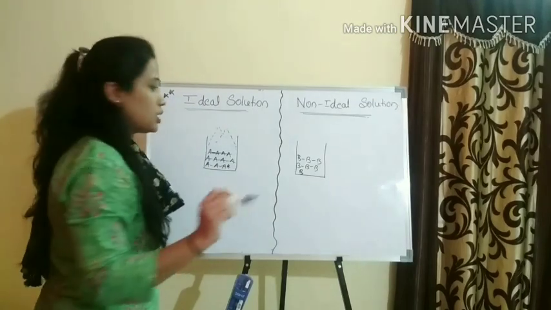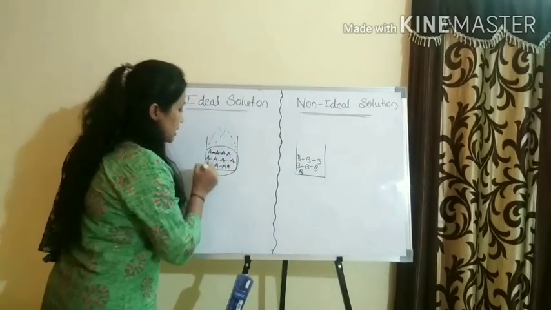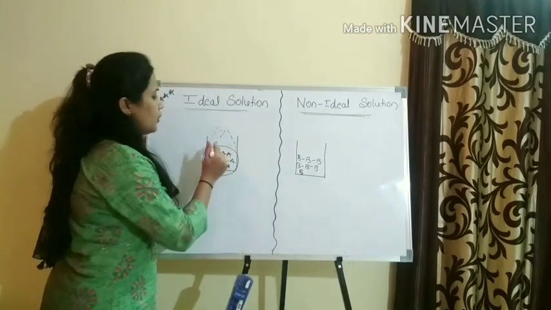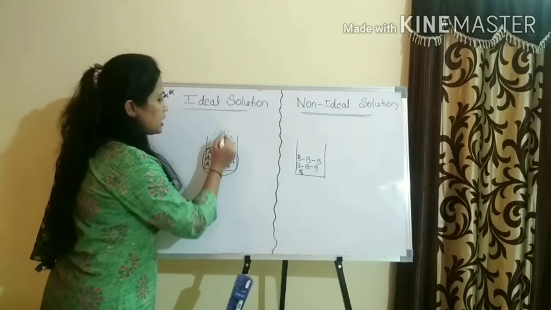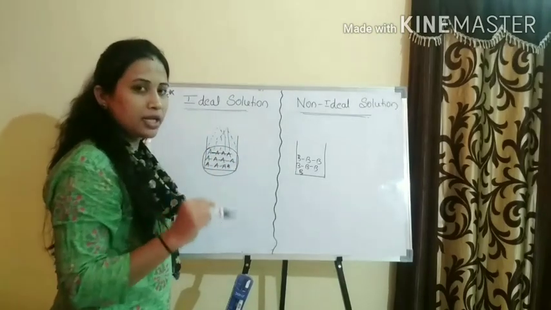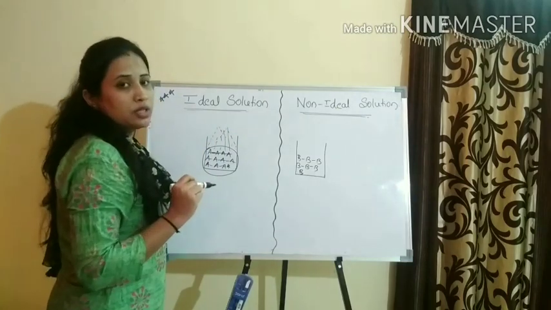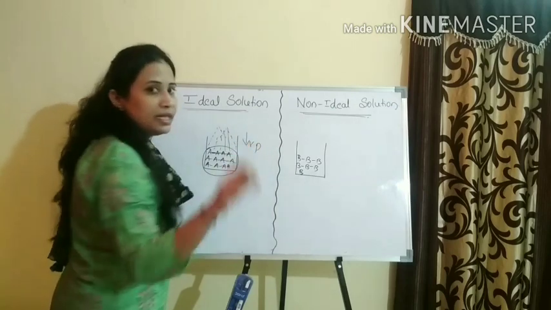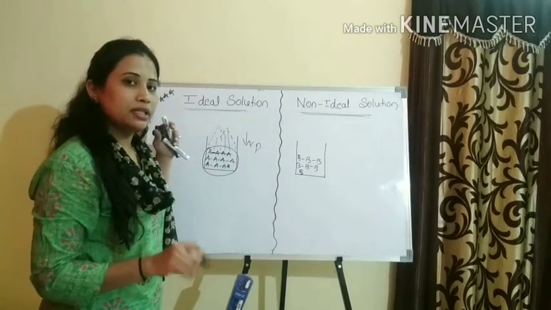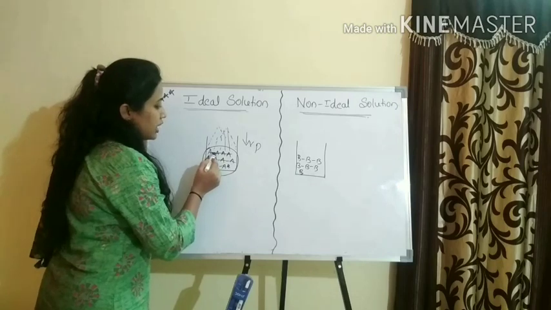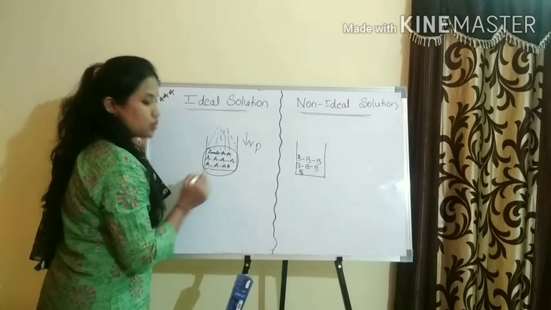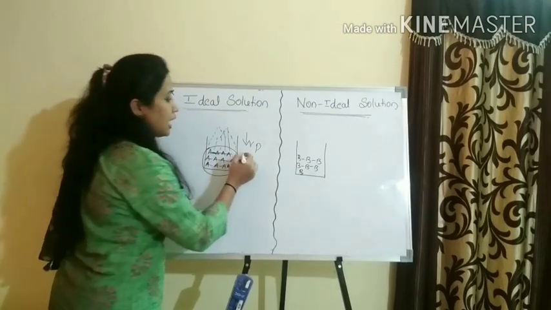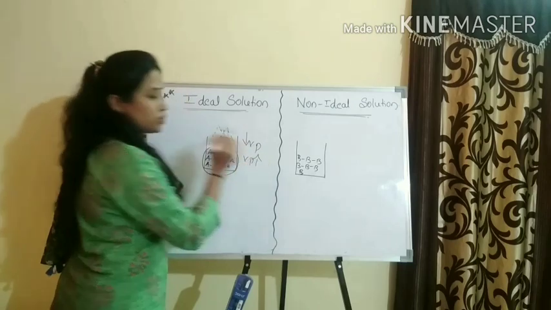Very few molecules reaching the vapor state means the vapor pressure will decrease. If the interaction of AA molecules is very less, more A particles will reach the vapor phase and the vapor pressure will be more.